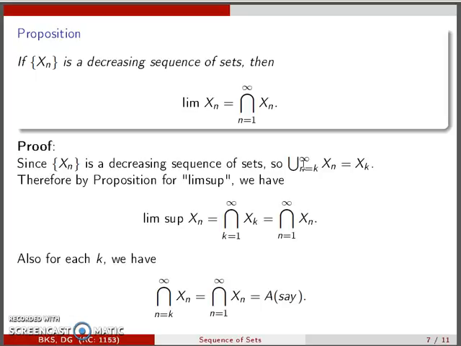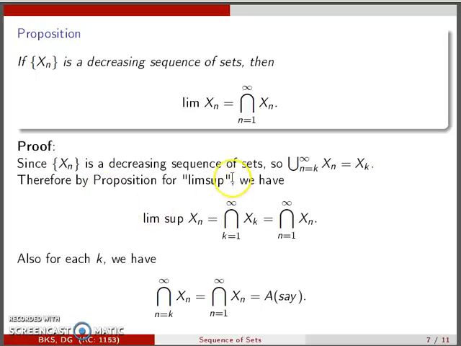Since xn is a decreasing sequence, clearly you have the union of xn starting from k to infinity is xk, because all xk plus 1, xk plus 2 and so on are subsets. So xk is the largest, so their union is simply xk.